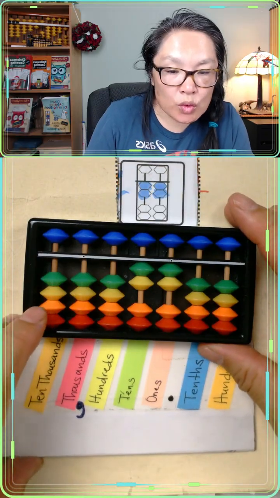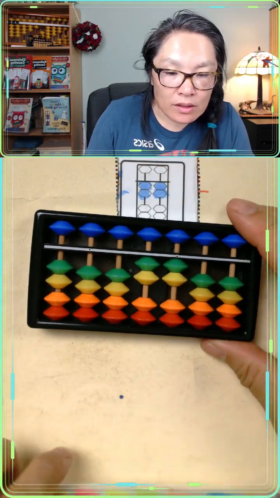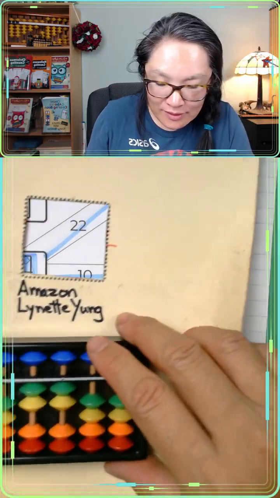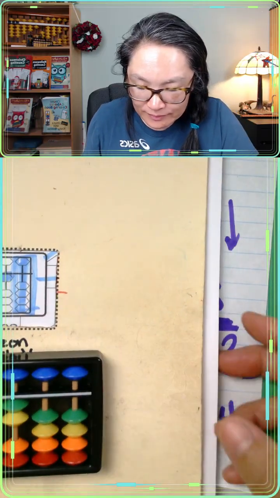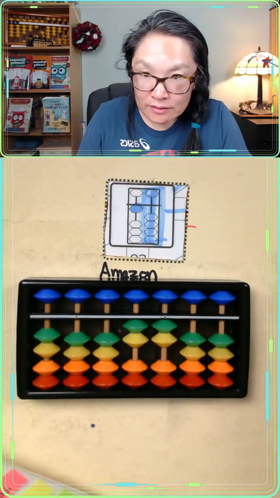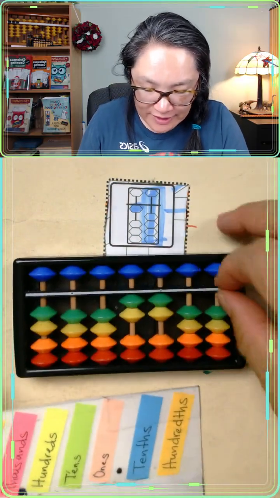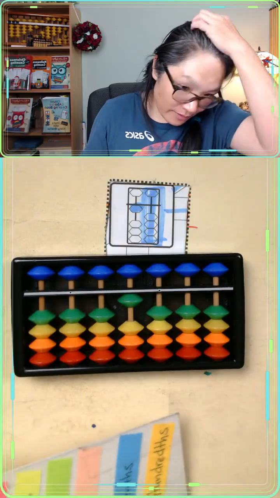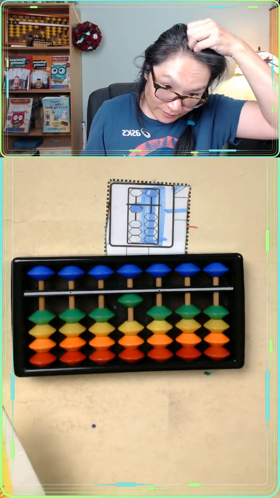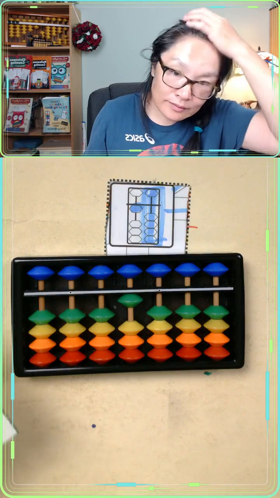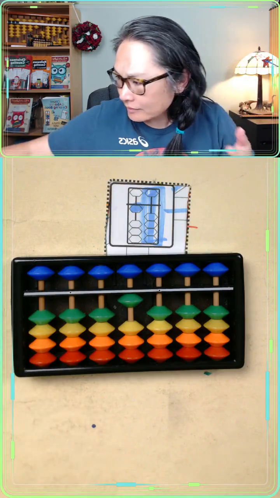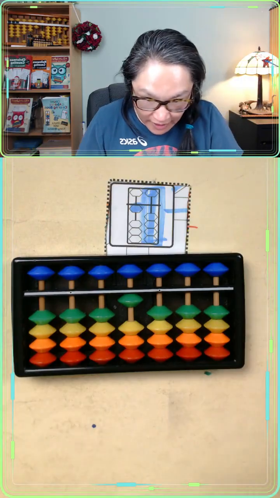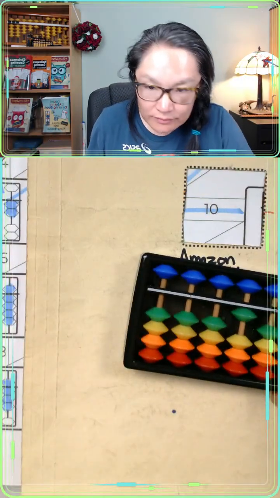22. What number do we have? It's actually this one. That's all it is. It is 10.